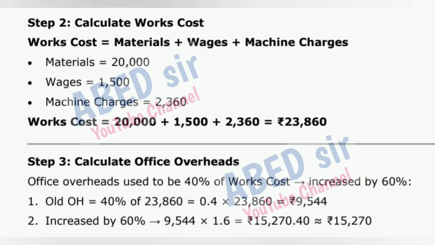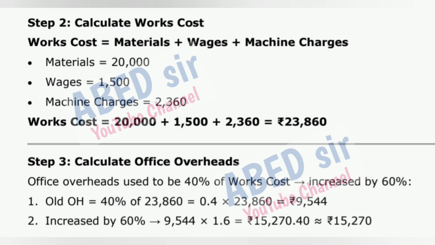Materials is equal to 20,000. Wages is equal to 1,500. Machine charges is equal to 2,360. Works cost is equal to 20,000 plus 1,500 plus 2,360 is equal to 23,860 rupees. Step 3. Calculate office overheads.